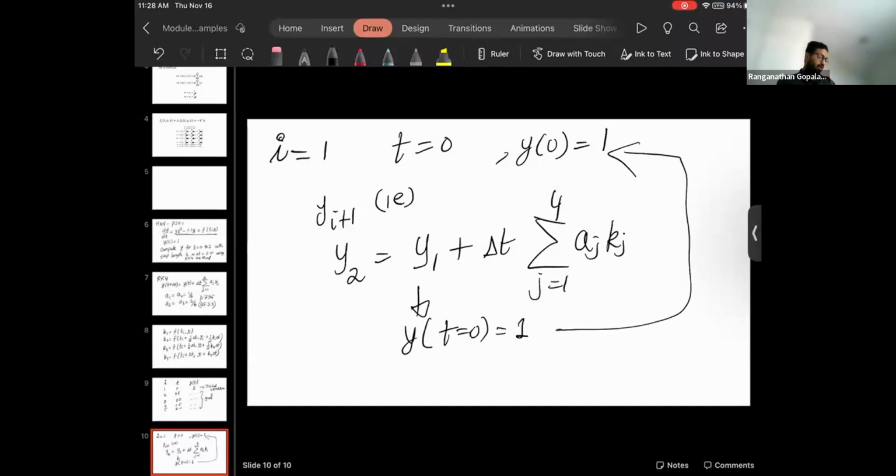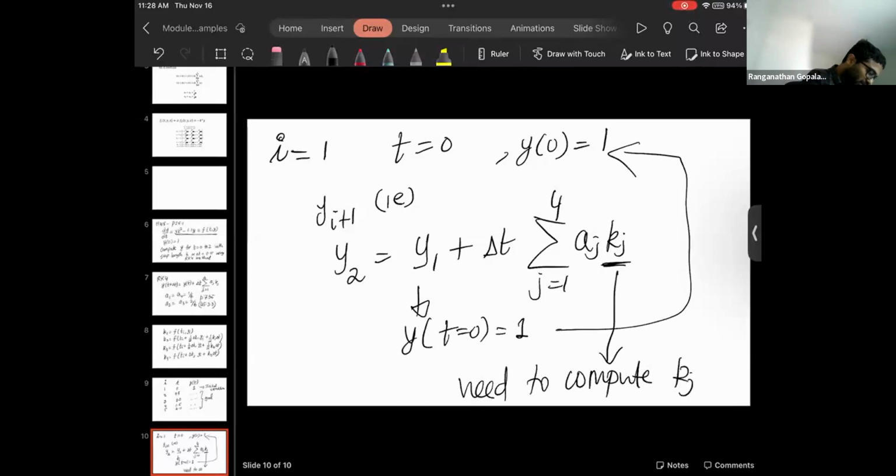Okay. Now we want to compute the kj values.